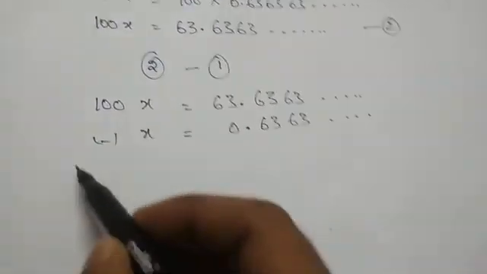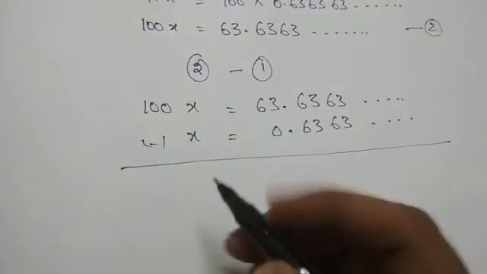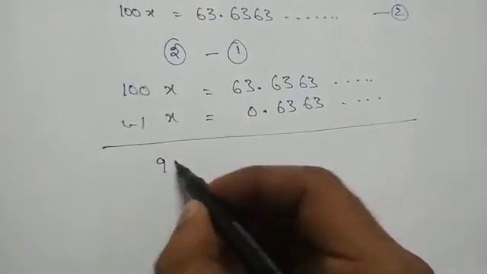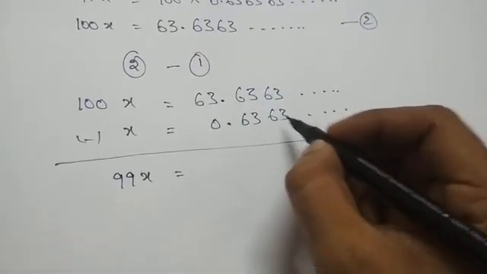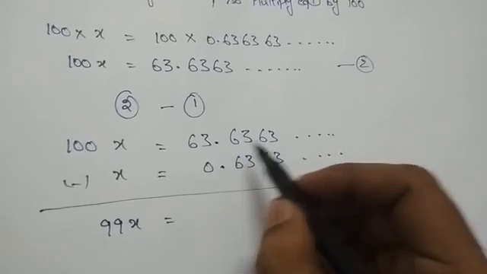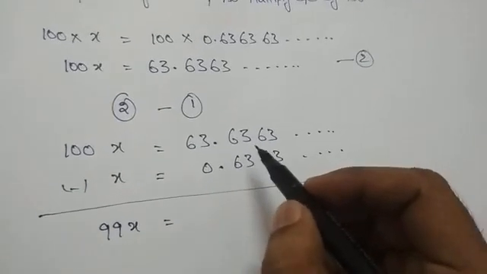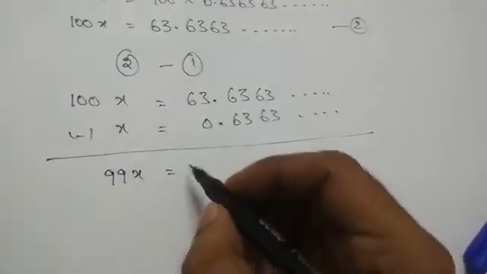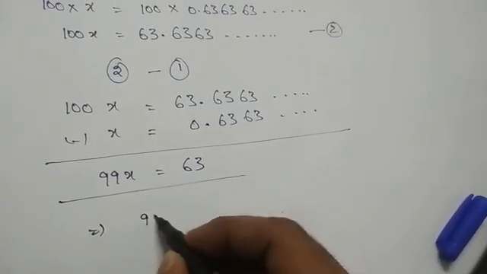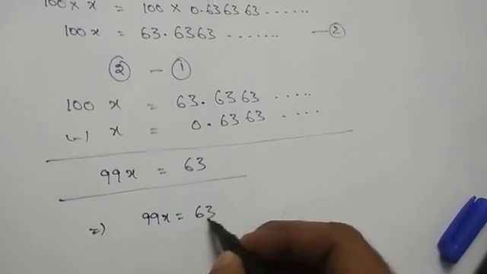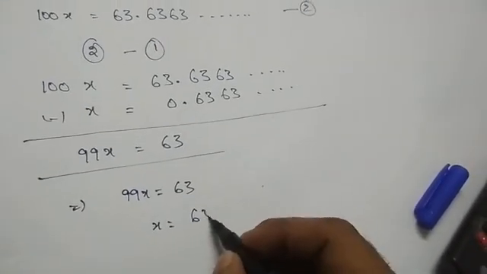Then you do the subtraction here. 100x minus x is 99x equal to, since after the decimal point all the digits are the same, you have to make sure all the decimal places match. So you will get 63. That implies 99x is equal to 63, x is equal to 63 by 99.